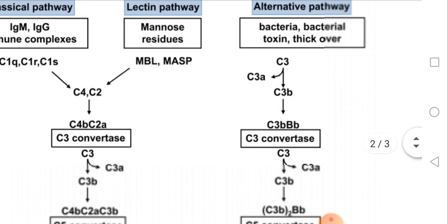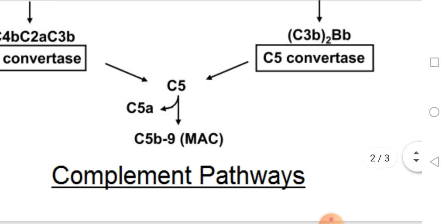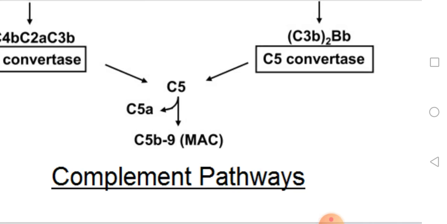This will lead to activation of C3. It is split into C3a and C3b. And then there will be different steps of activation, and the end product will be MAC. You see here MAC, which is the membrane attack complex, is the end product of the activation of any of the three pathways.